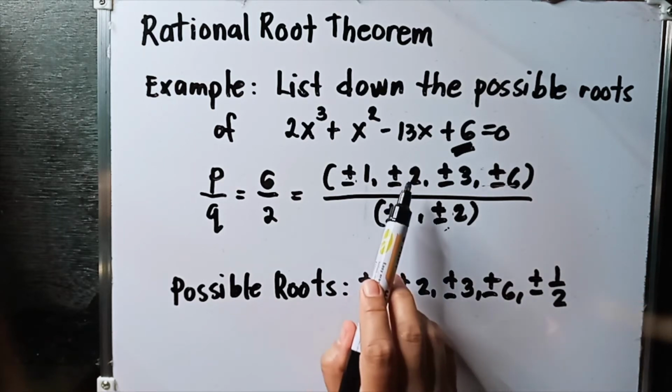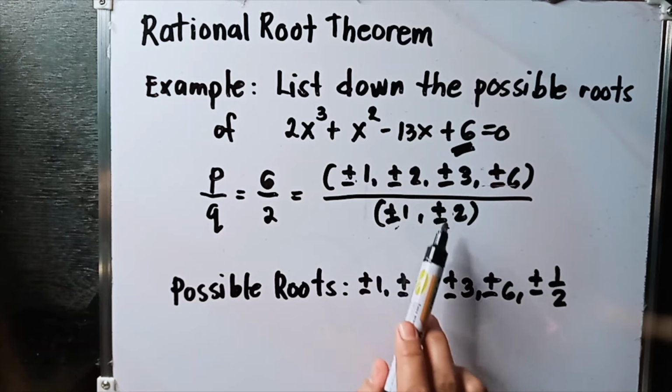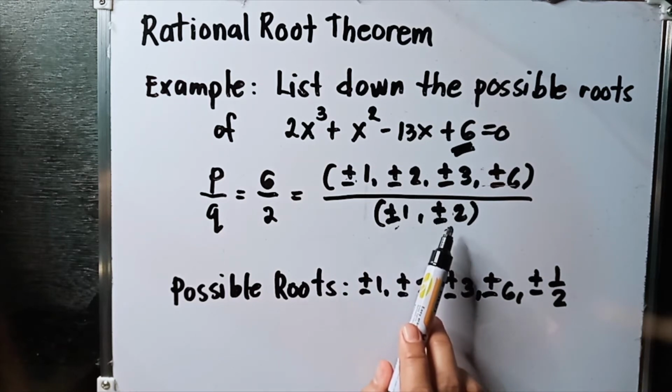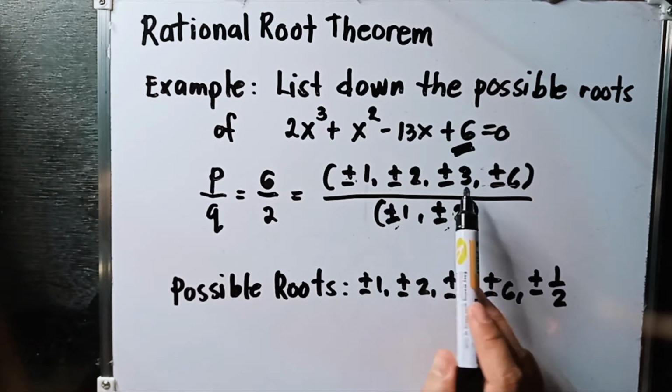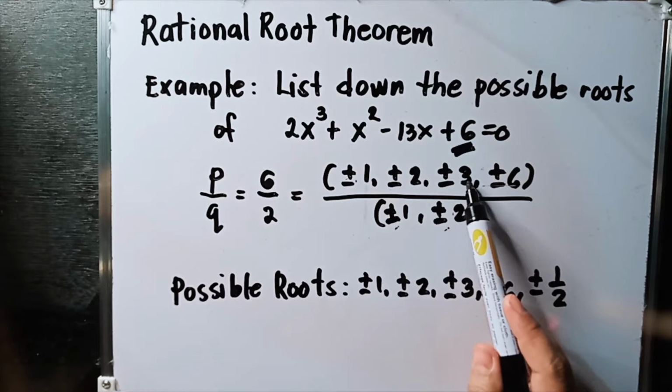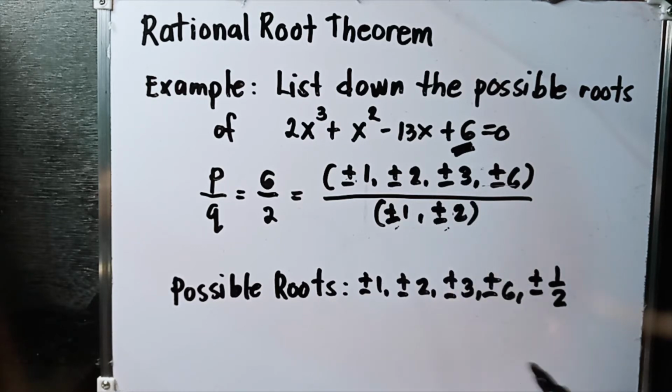How about the next one? Positive negative 2 divided by positive negative 2 is 1. You don't need to write 1 anymore because it's already written. How about the next one? Positive negative 3 divided by positive negative 2 is positive negative 3 halves, or 3 over 2.